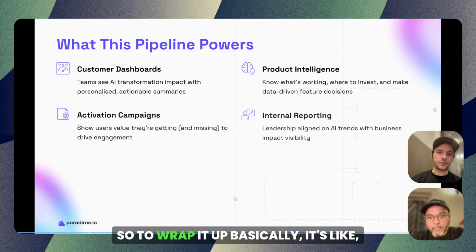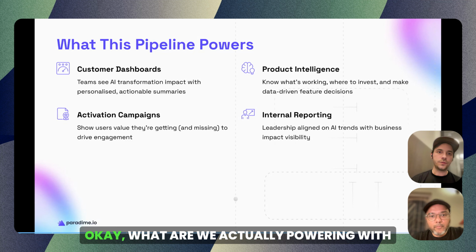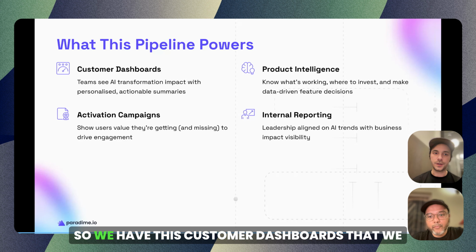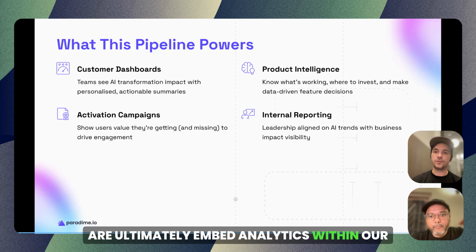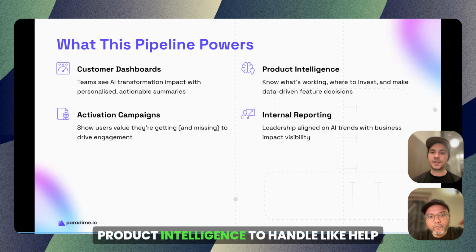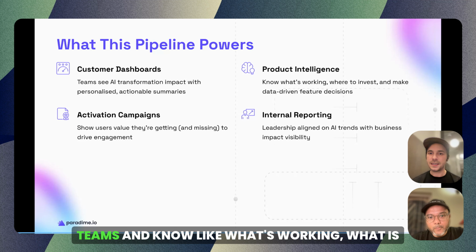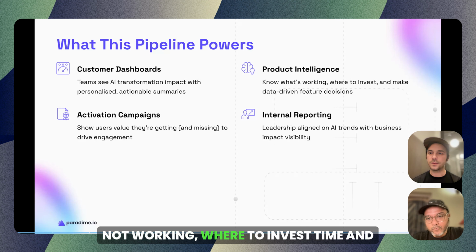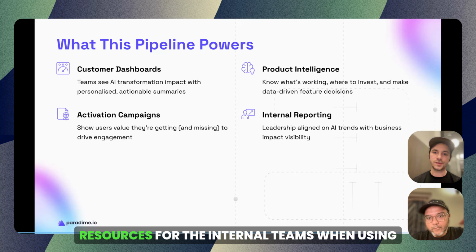So to wrap it up, basically: what are we actually powering with this pipeline? We have these customer dashboards, which are ultimately embedded analytics within our application. Project intelligence helps teams know what's working, what is not working, and where to invest time and resources for the internal teams when using the product.